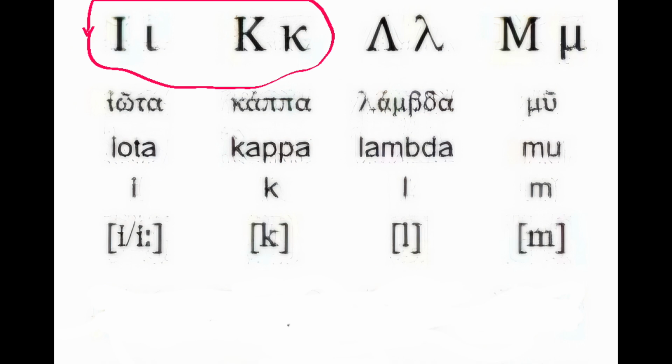Notice that between iota and kappa, there's an English letter missing between I and K, and that's the letter J. The English word Jesus comes from the Greek word Iesus, which is spelled with iota, eta, sigma, omicron, upsilon, sigma.